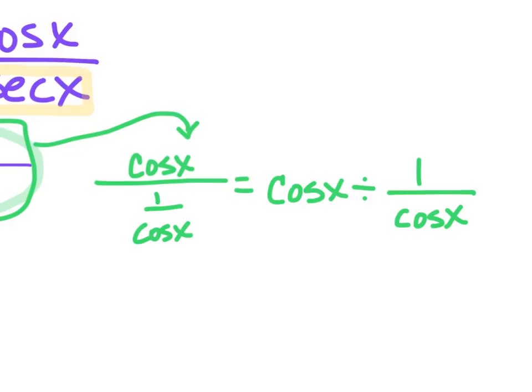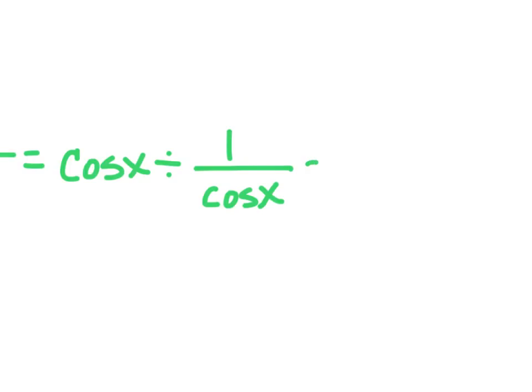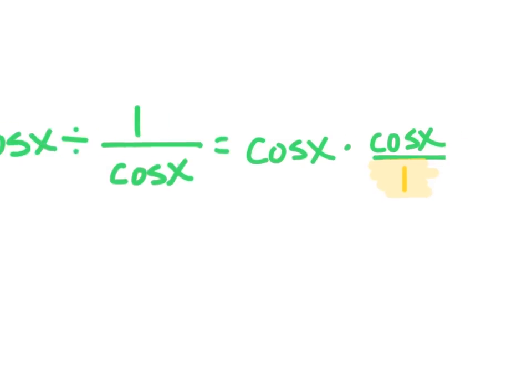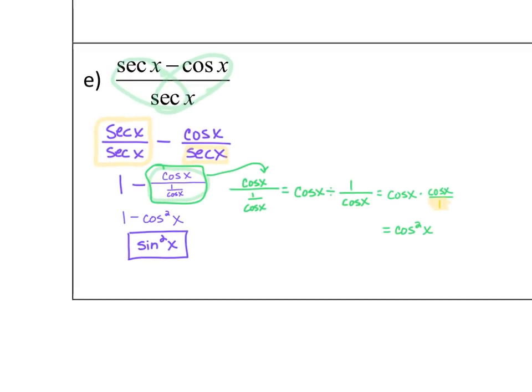And remember that you write a division of fractions problem as a multiplication problem, but flip the second fraction. Well, I don't really need that 1 right there. Okay, and so that whole thing just becomes cosine times cosine, and that's cosine squared of x. And so I can replace this part of the problem with just cosine squared of x.